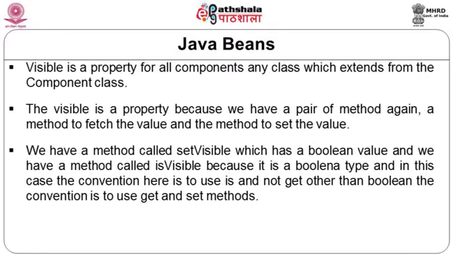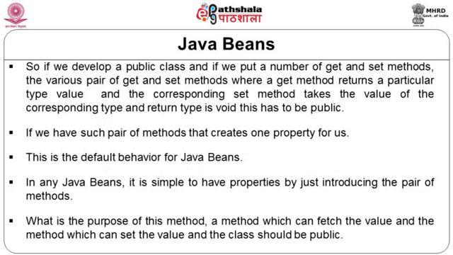So, if we develop a public class and put in a pair of get and set methods, where the get method does not require a parameter and returns a value of a particular type, and the corresponding set method takes a value of the corresponding type and the return type is void, and these have to be public methods, then that creates one property for us.